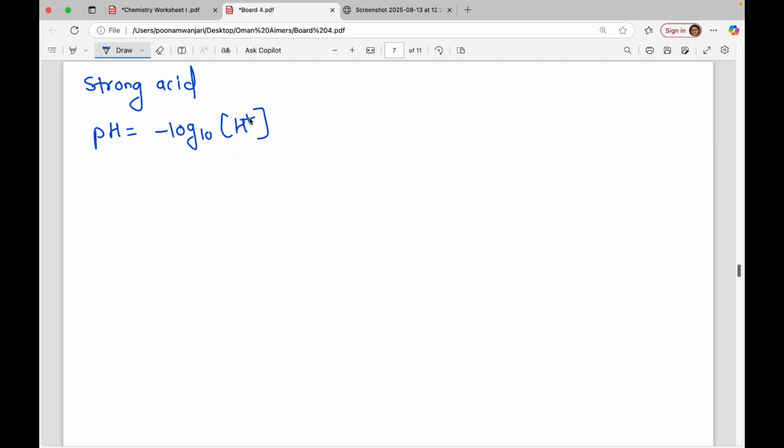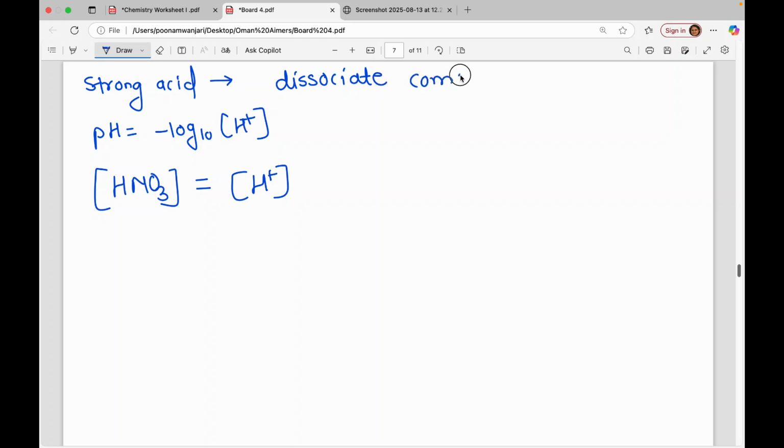Here the important thing, students: when a strong acid is there, whatever acid is there, say concentrated HNO3, this is a strong acid, that means its concentration is equal to the concentration of H plus, because a strong acid dissociates, ionizes or separates completely. So whatever concentration of HNO3 is given, it is equal to the concentration of H plus.